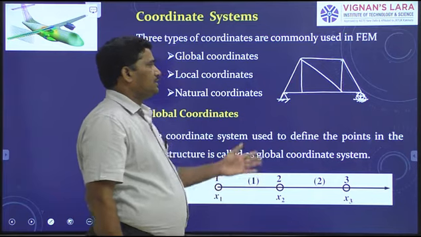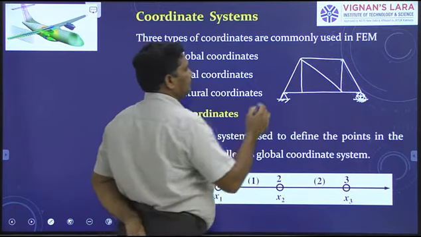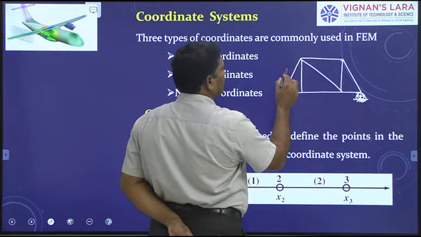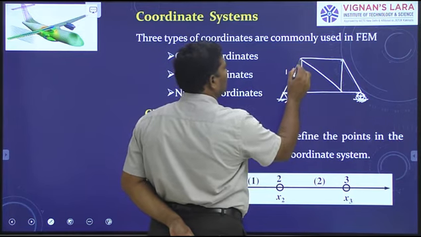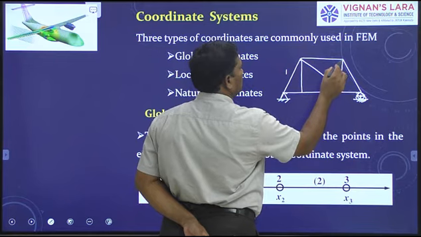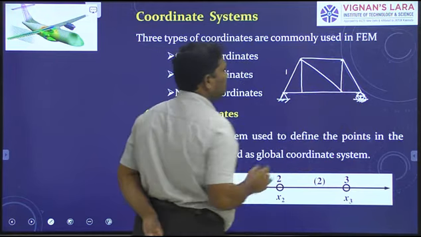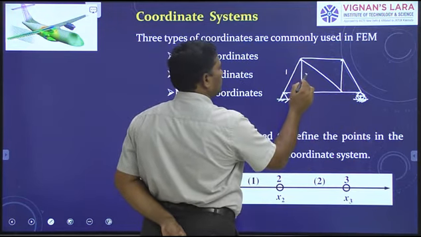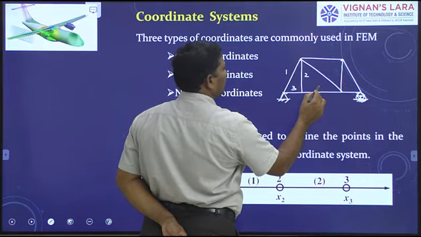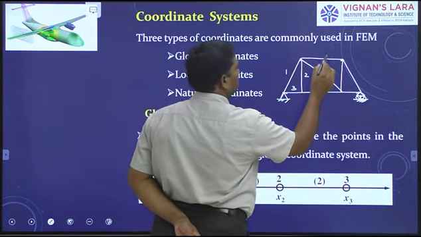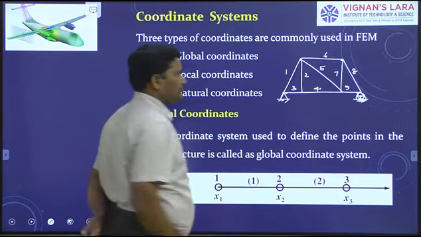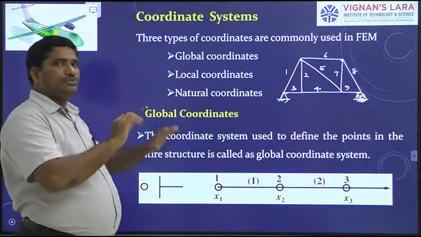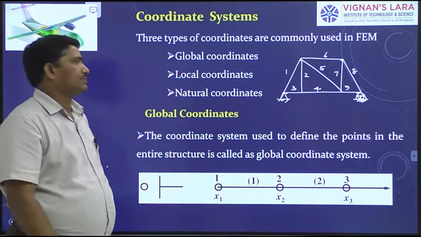It contains several truss members. This is truss member 1. Observe carefully, these are the joints. This is truss element 2, truss element 3, 4, 5, 6, 7, 8, 9. This is a two-dimensional truss structure.